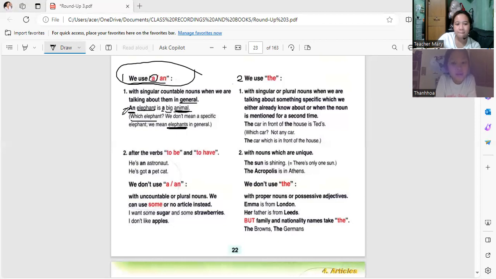An owl is an animal. Okay, so there are many kinds of owl, right? It only says that owl. So it is only talking about in general. It doesn't talk about what kind of owl, right? So an owl is an animal. So look at the articles. What are the articles there? An.